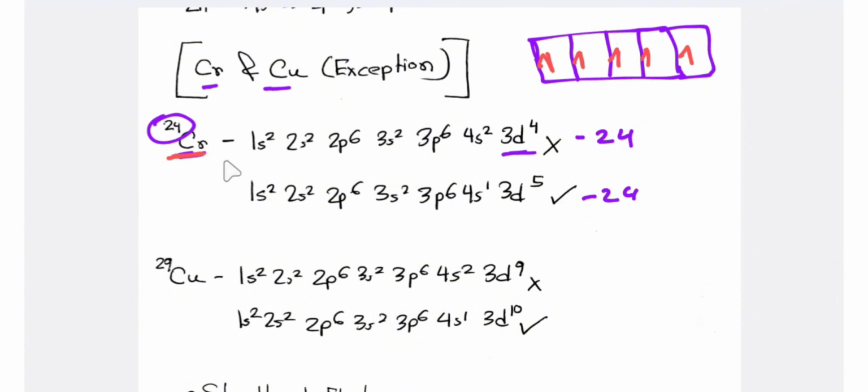This is the exception only for chromium and copper. Instead of 4s2 and 3d4, we write 4s1 and 3d5. The number of electrons is the same, there is just a little variation.